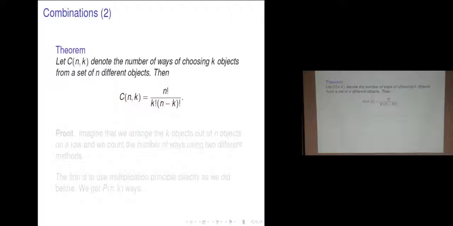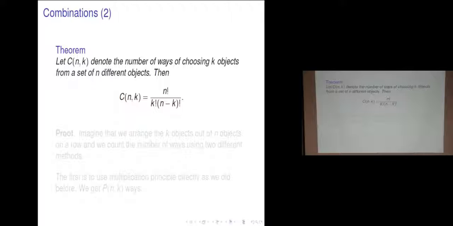We don't arrange them on a line, you just choose, just pick. Then the number C(n,k) is calculated by n factorial divided by k factorial times (n minus k) factorial.